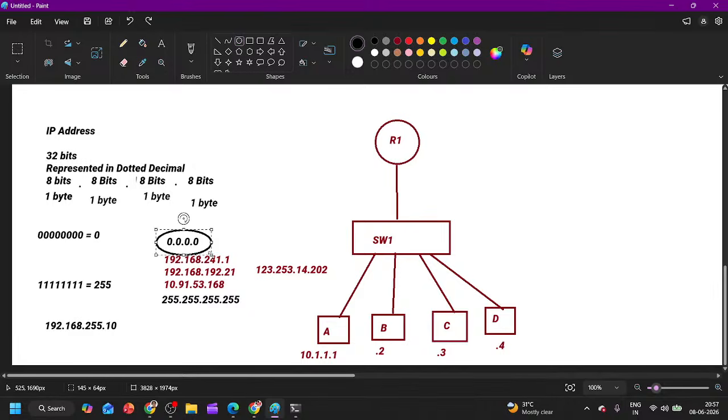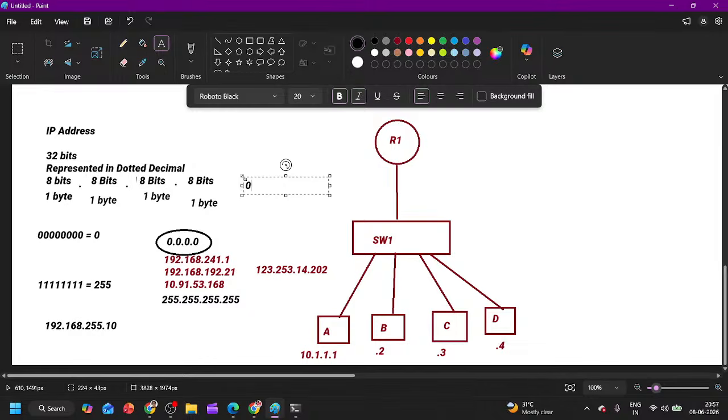How many IP addresses are there? Four times 0 to 255, so 0.0.0.0 to 255.255.255.255. If you try to count, the first IP address is going to be 0.0.0.0, the second IP is going to be 0.0.0.1, and it will go till 0.0.0.255.